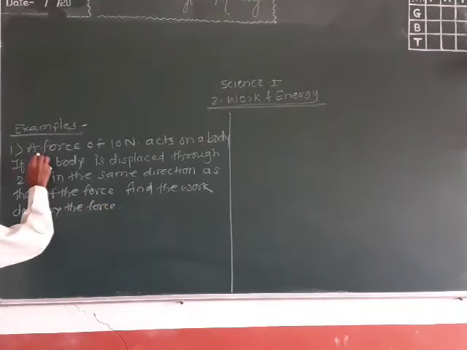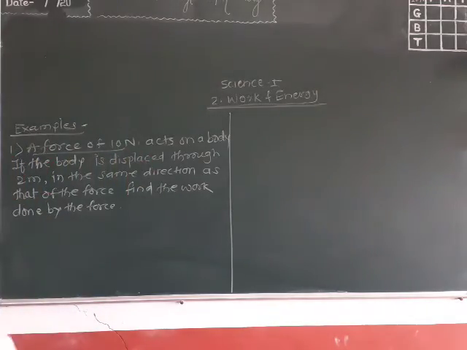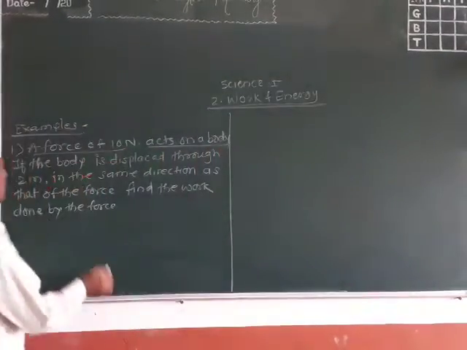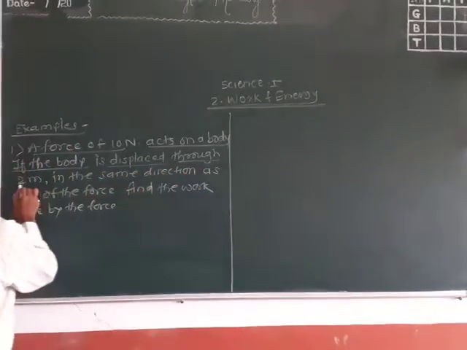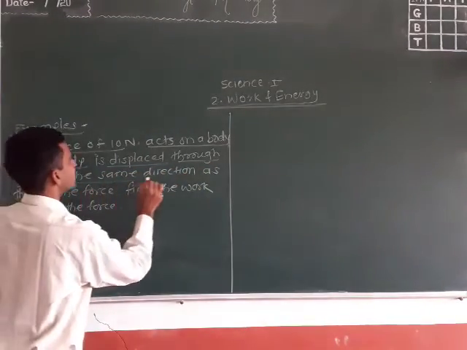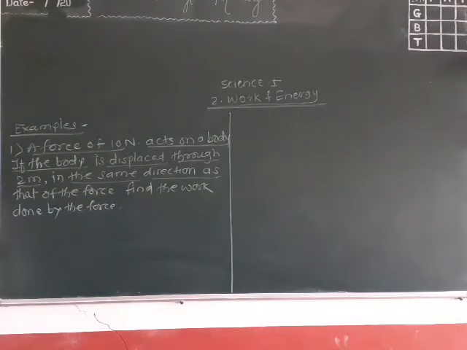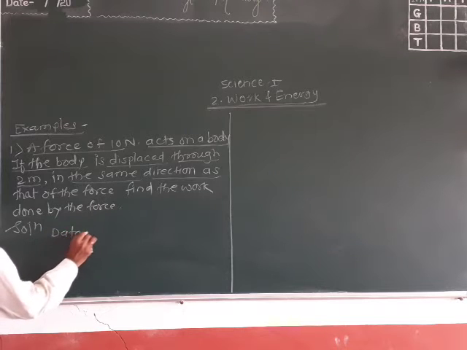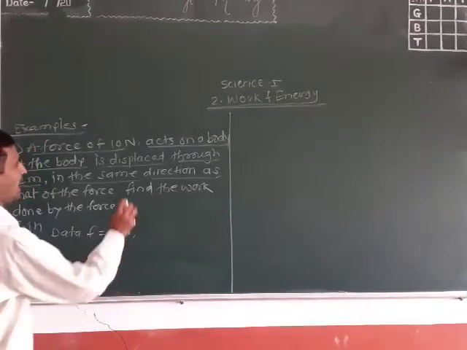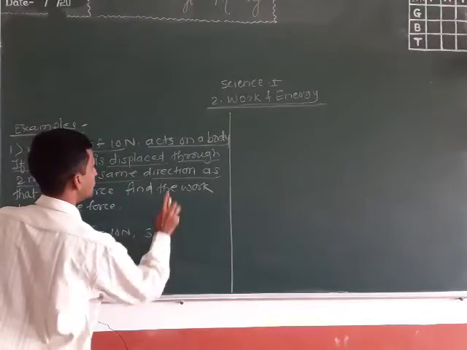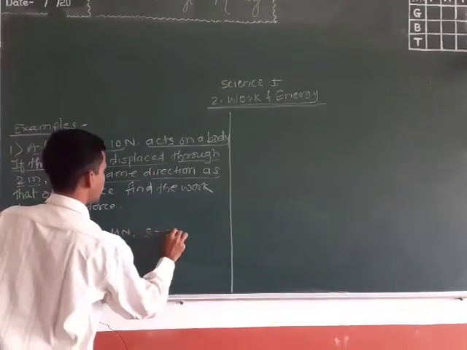The force of 10 newtons acts on the body. If the body is displaced through 2 meter in the same direction as that of the force, find out the work done. Solution: data, force is equal to 10 newton and displacement S is equal to 2 meter.